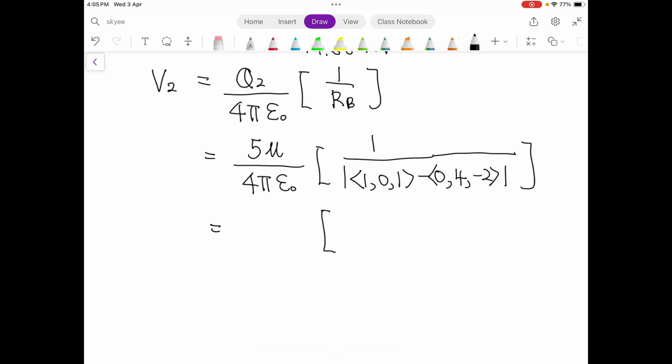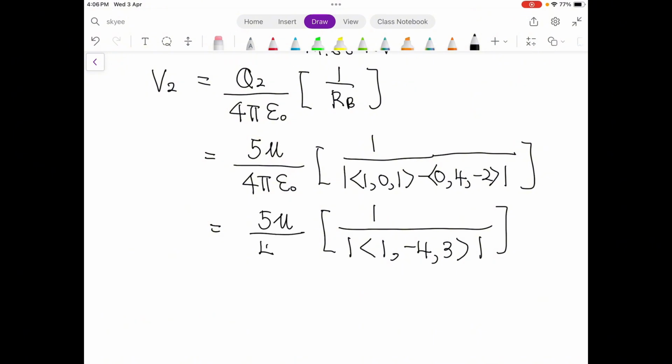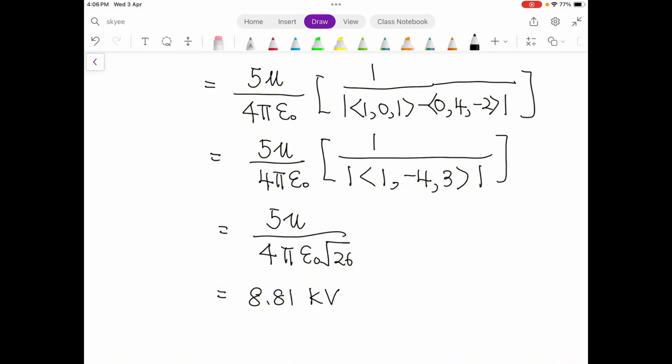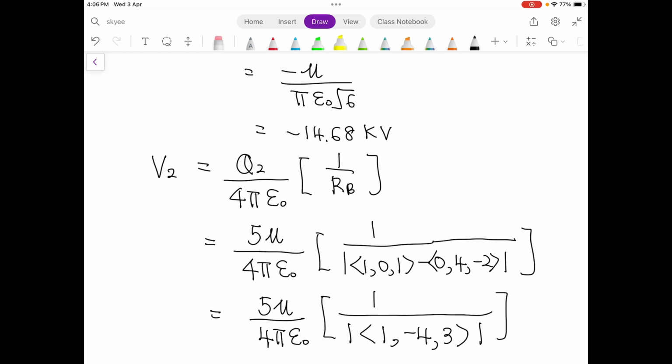So you will have 1 over 1, negative 4, 3, which is the magnitude, the square root of 26. So it is 8.81 kilovolt.